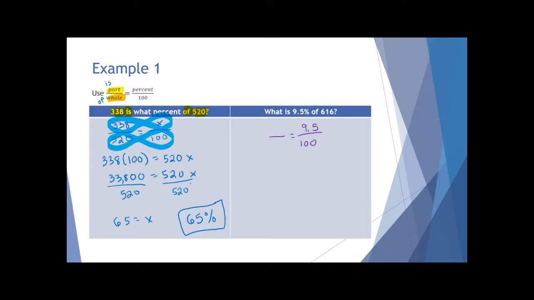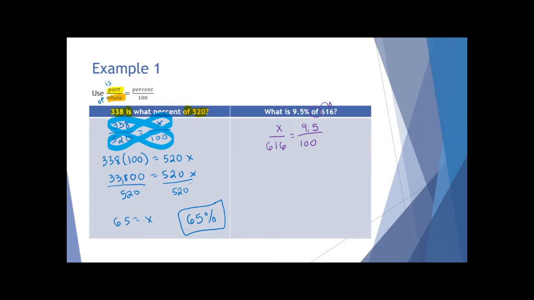And then they give us of, so that of means 616 is in the denominator, because of is always in the denominator. And that means our unknown is on top, because it said what is. The is on top, and we don't know what that is.